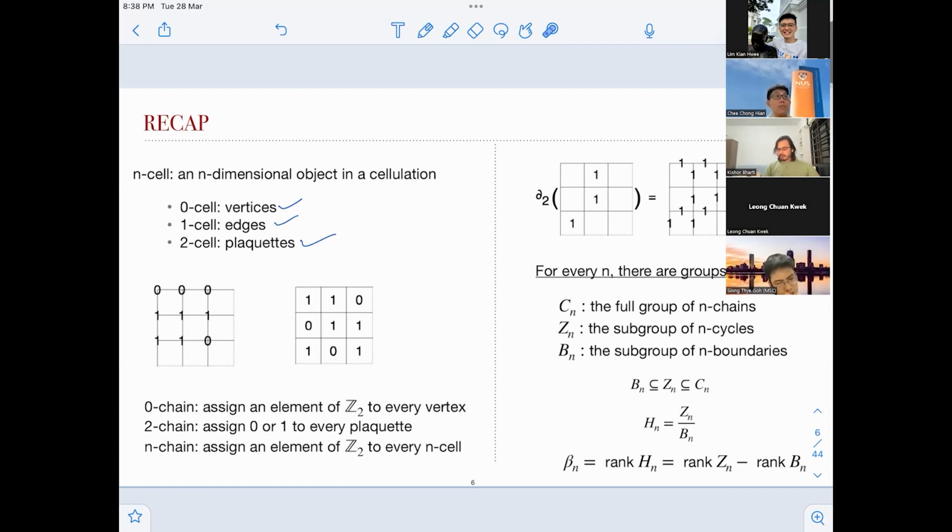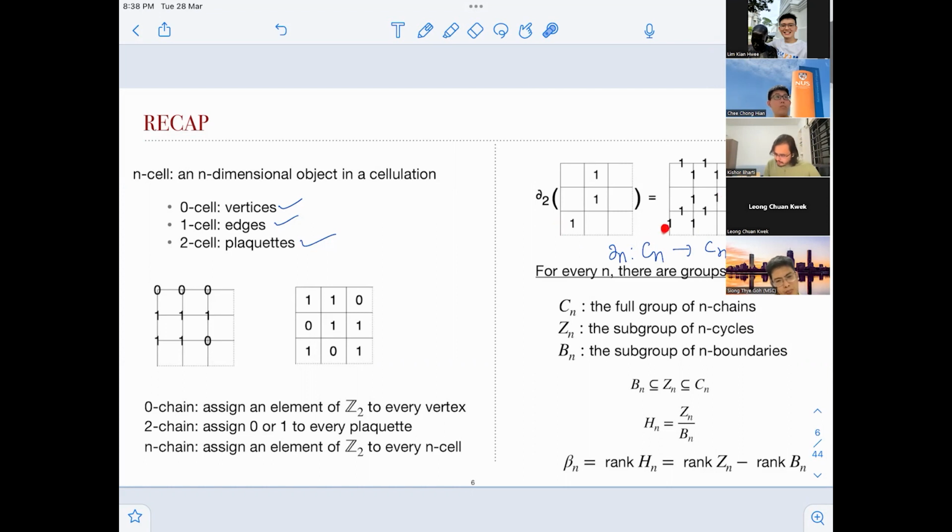Then we discussed the notion of boundary operators, the boundary map, which acts on an n-chain and gives us an (n-1)-chain, which is the boundary of the original chain. For example, here del 2 acts on it, and you see that you get the object here.